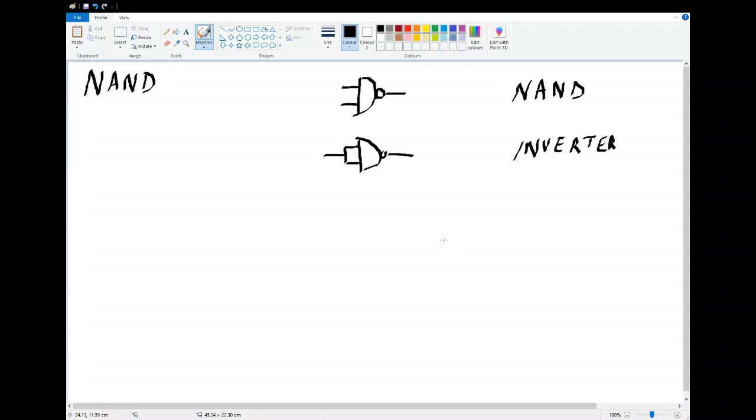That will act as an inverter. You can do the truth table out and check it, and you'll see that that becomes an inverter. So now our NAND gate can be a NAND gate, or it can be an inverter just by joining the 2 inputs.